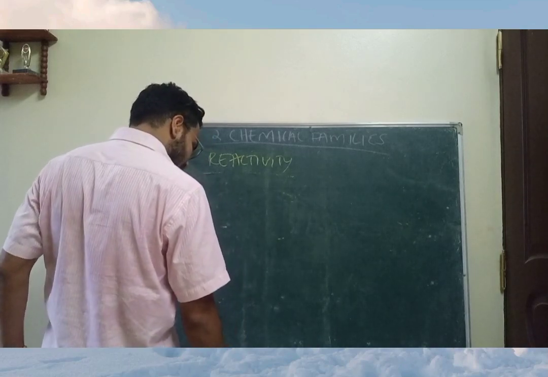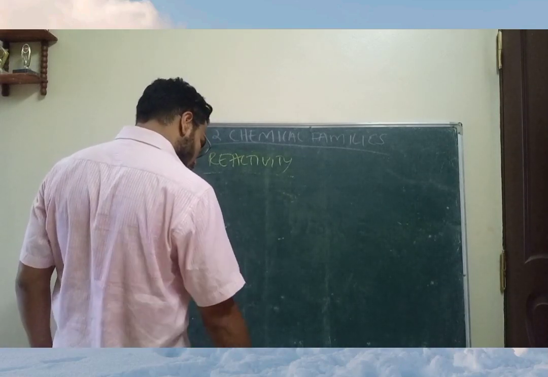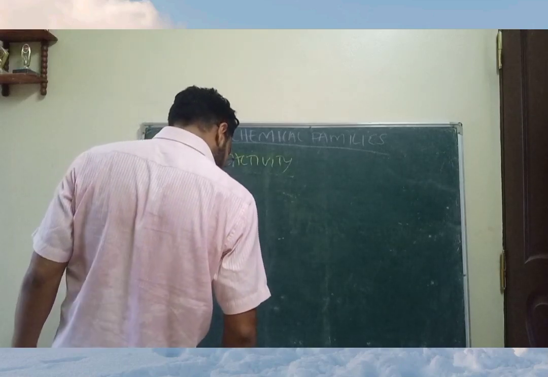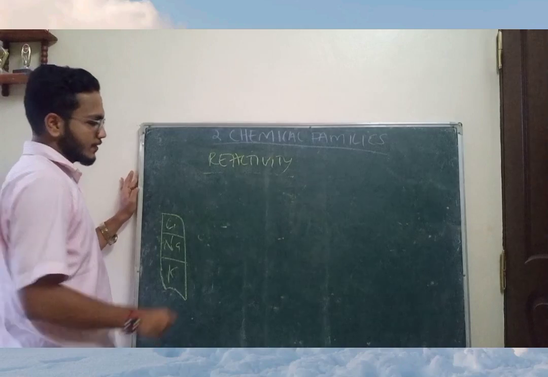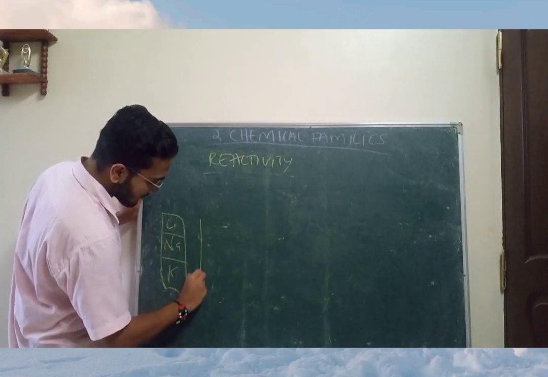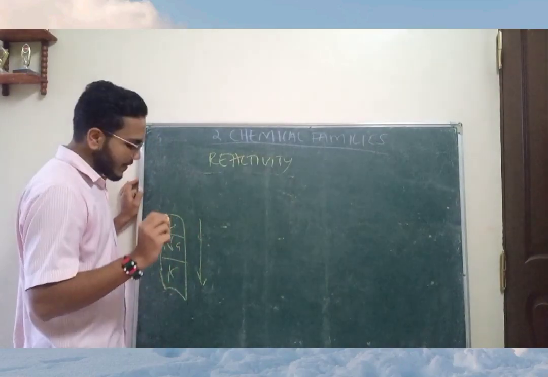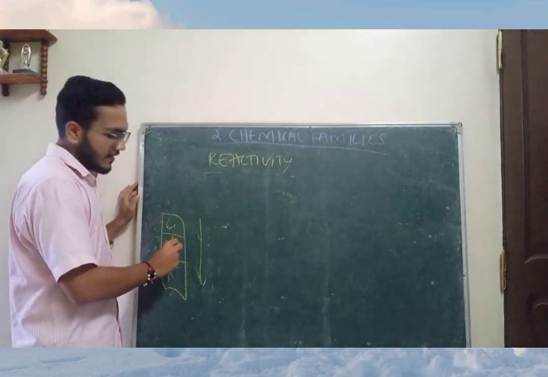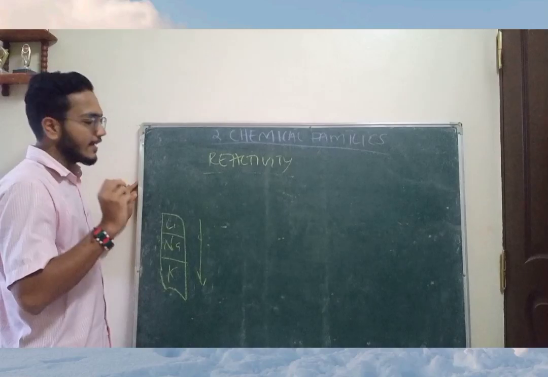The reactivity of alkali metals increases down the group due to an increase in atomic radius. Hence, the atom can easily lose the valency electrons. So the reactivity increases down the group. This means that potassium is the most reactive, sodium is moderately reactive, and lithium is the least reactive.